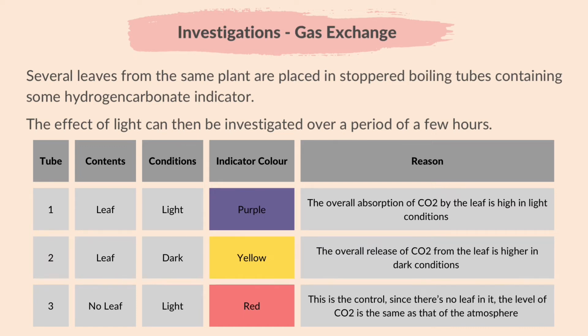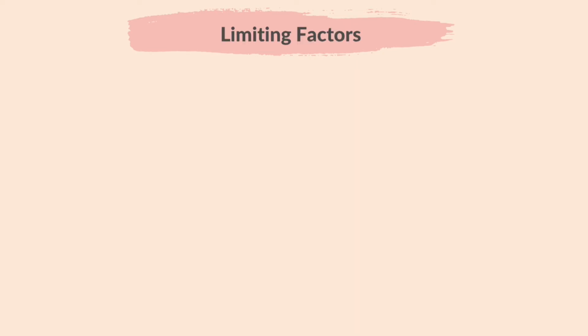When the leaf is in dark conditions, the indicator turns yellow, meaning the overall release of carbon dioxide from the leaf is high. In the absence of a leaf, the indicator is red, meaning the carbon dioxide level is the same as that of the atmosphere.